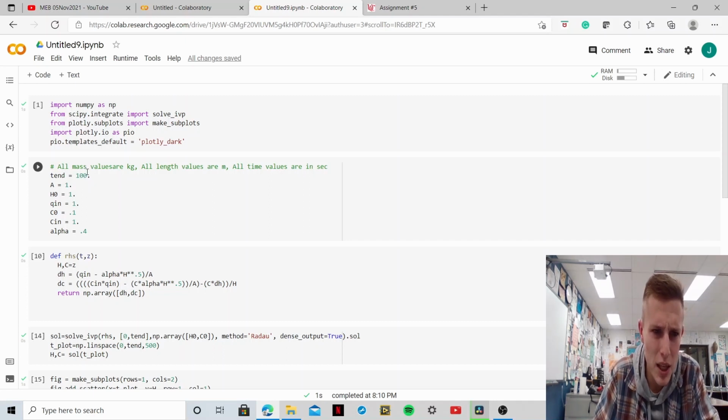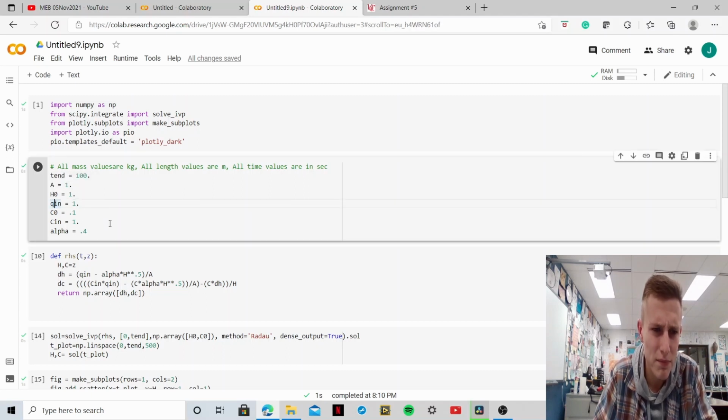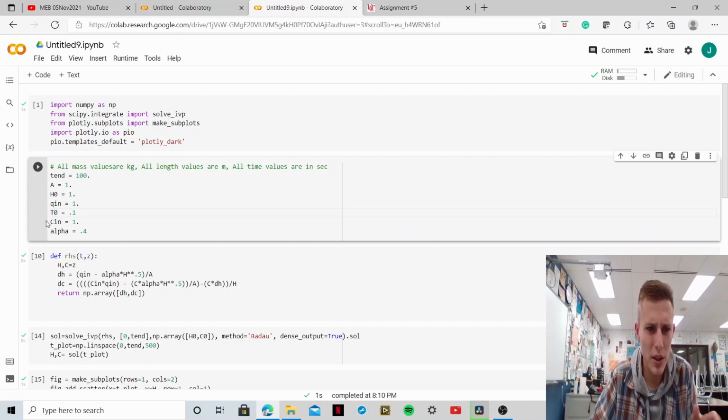And we keep the time, the cross-sectional area stays the same, and the initial height is still the same. Our Qn stays the same. Our T of 0 is actually now our T initial. Our T initial for this problem was, I believe, 300 Kelvin.